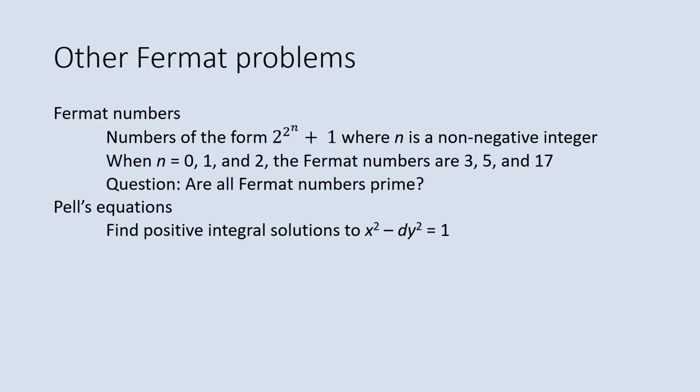And d itself can be positive or negative, but the structure has the x squared minus dy squared equals 1. You could pick some specific values, put a 2 in there, put a 3 in there, and see if you can find solutions to an equation like this.